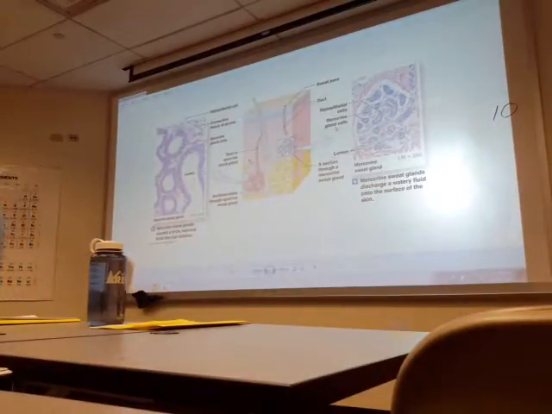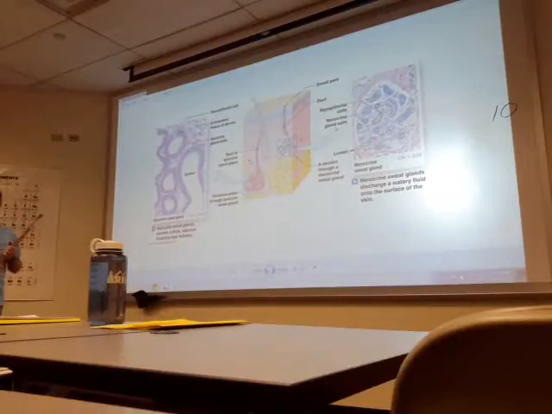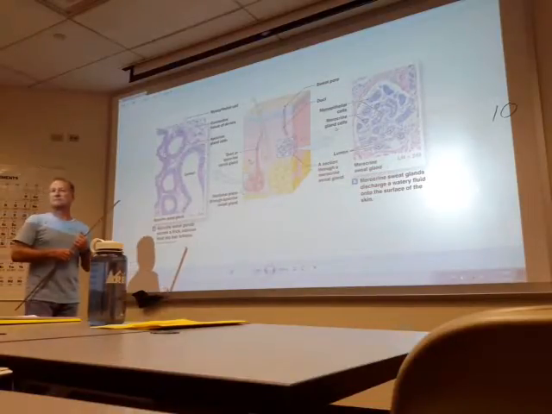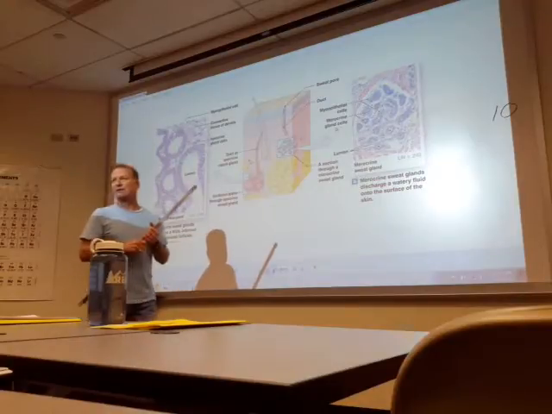They don't become active until puberty. And they're not located all over the body the way the eccrine glands are. They're located in the axillary region, the back of the neck, the genitalia area.